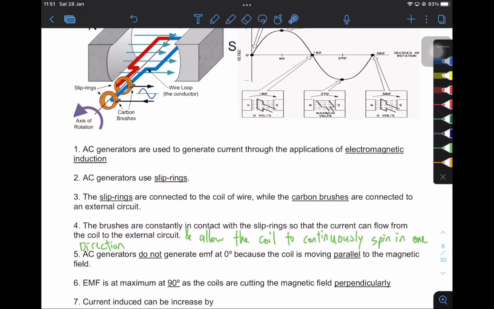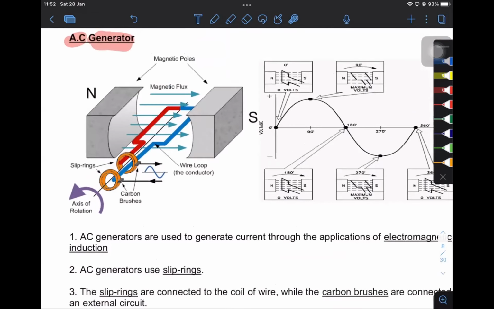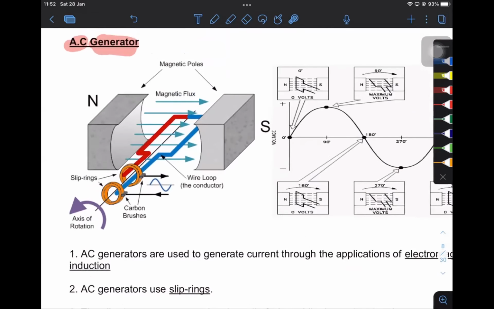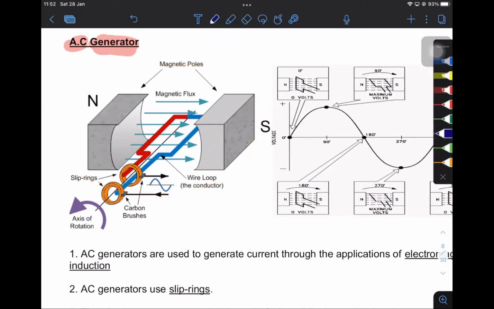By the way, guys, one more thing I want to highlight, which a lot of students like to do. Most of the questions will say that the magnetic field is north and then south, left and right. Sometimes the question could just change and say that this is the north and this is the south.